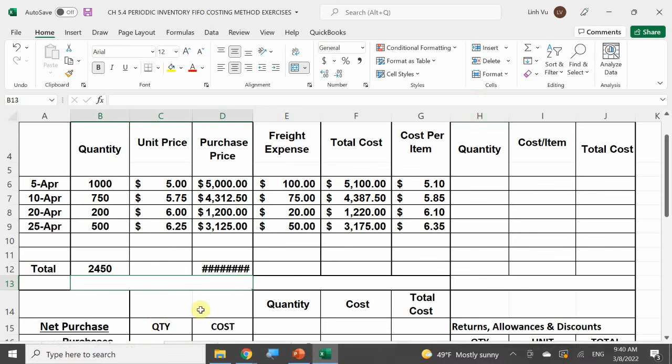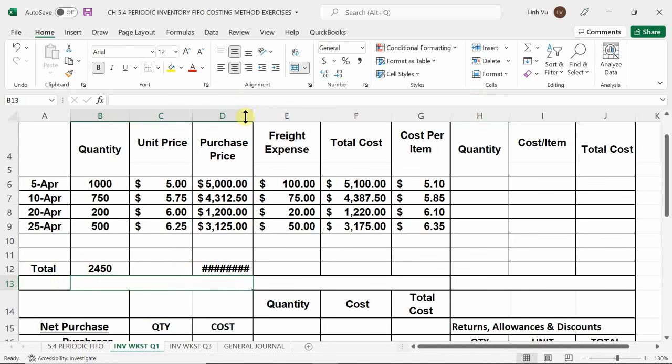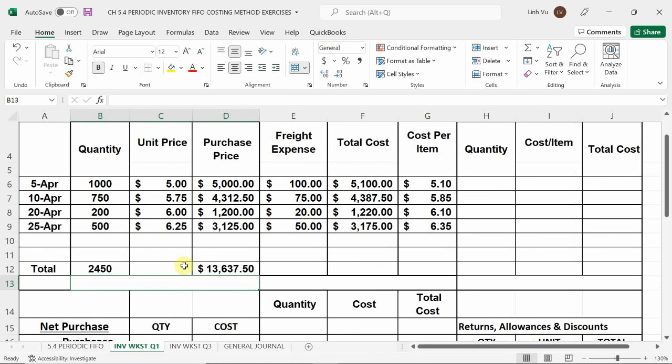Okay, I got a bunch of hashtags here. So what does that mean? That tells me my window is just too small. Okay, and of course, if you can drag the formula down, you can also drag the formula across. So if you could see my little green triangle here, I can move my formula across, and it's going to do equal sum for the next column and the next column.